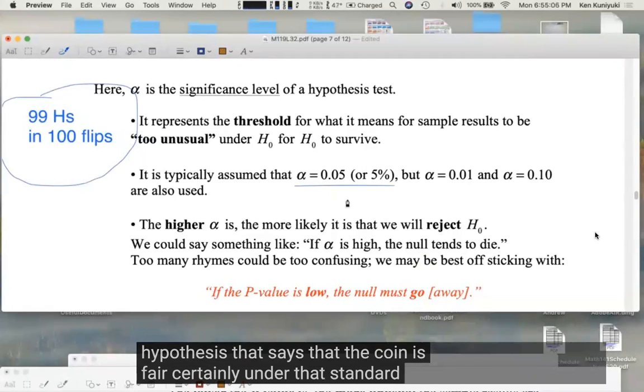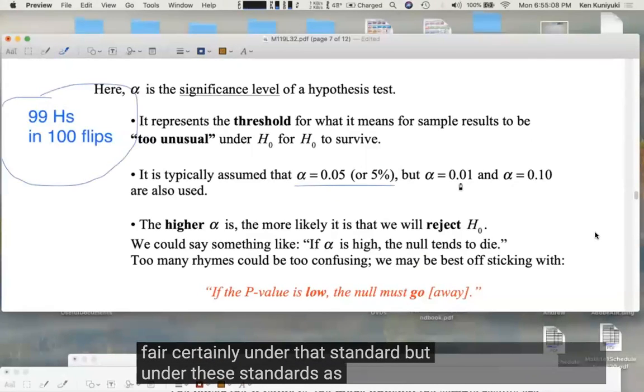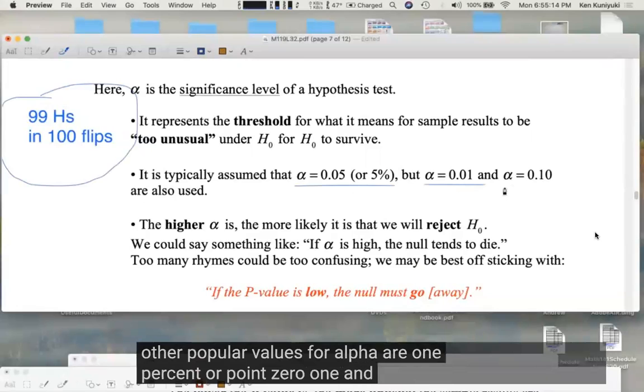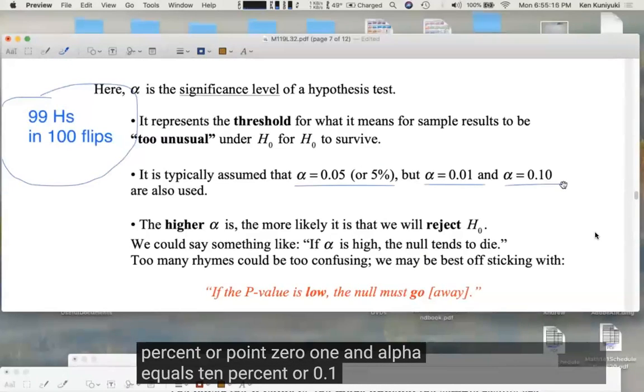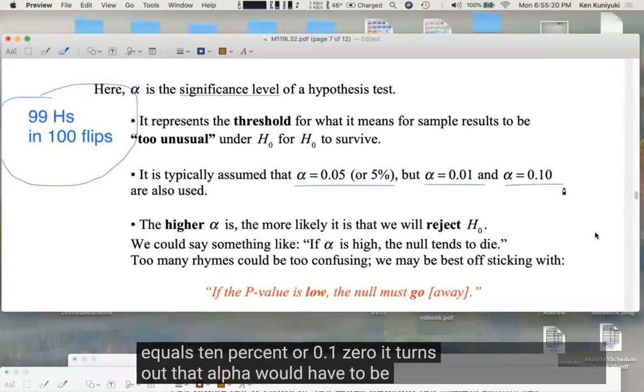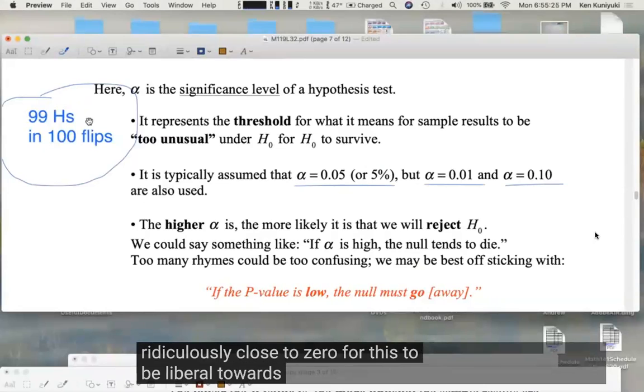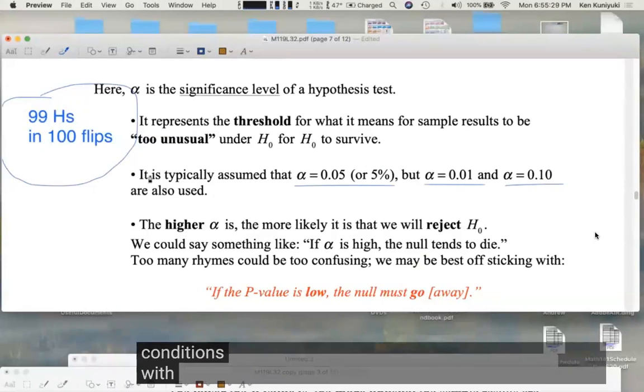But under these standards as well, other popular values for alpha are 1% or 0.01, and alpha equals 10% or 0.10. It turns out that alpha would have to be ridiculously close to 0 for this to be liberal towards the null, for the idea of a fair coin to hold up under these conditions with that sample data.